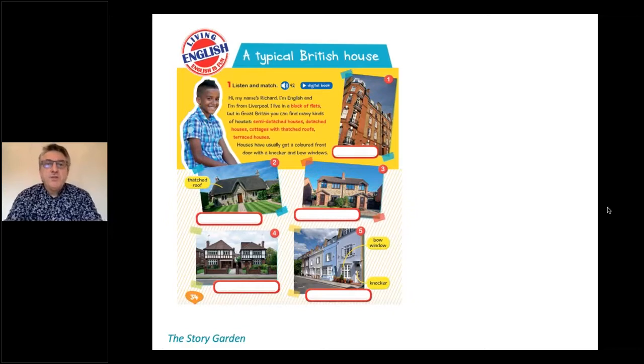Maybe they could Google some pictures of typical houses in the UK, or typical homes in the USA, in Australia, typical homes in your country. You could divide the class into as many groups as you want to come back the next day with 4 or 5 pictures of, you know, a typical living room in the United States, a typical kitchen in Japan.